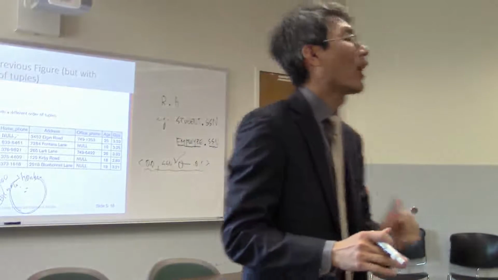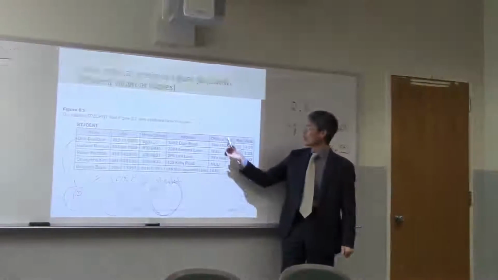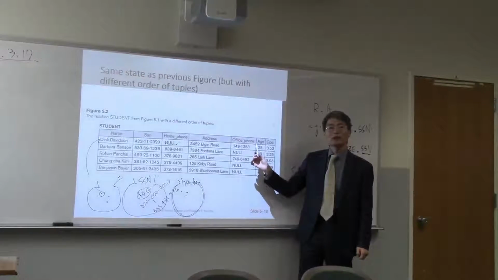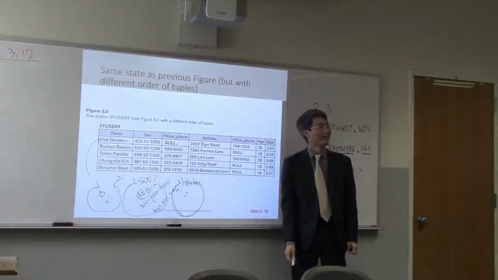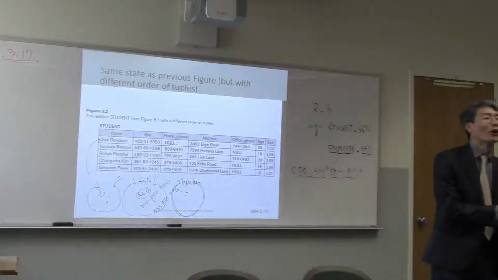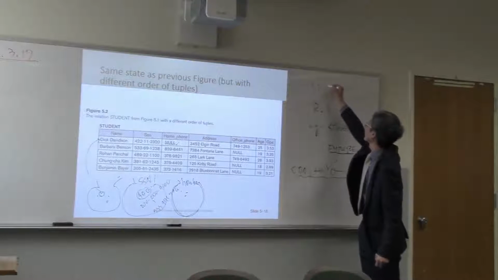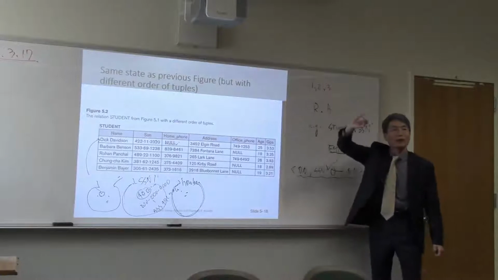Okay? So what about how many null office phone numbers? Actually, we cannot count null. Can you count the nothing? No. So what about this one? What is the average of these three values?